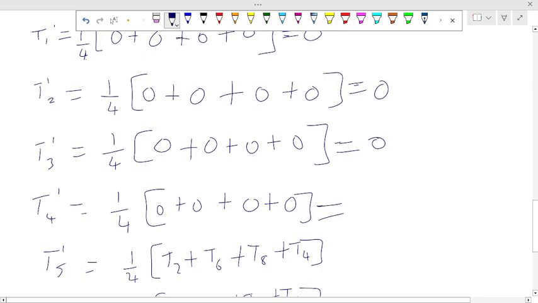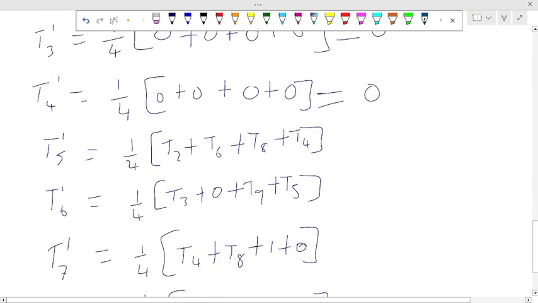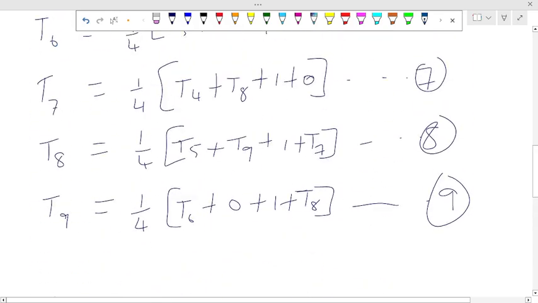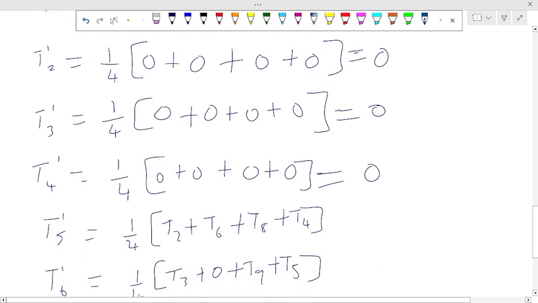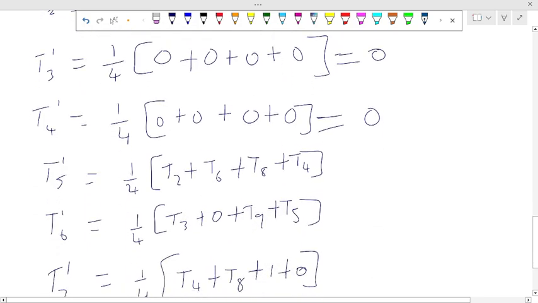Now this is quite easy to just substitute 0 because I'm using a laptop, so I can just copy and paste. But if you are doing it with paper and pen, you have to trace back what is in the equation. Let's say T5 now. I have to trace back in T5 what is here.